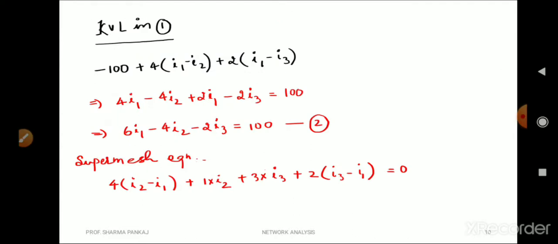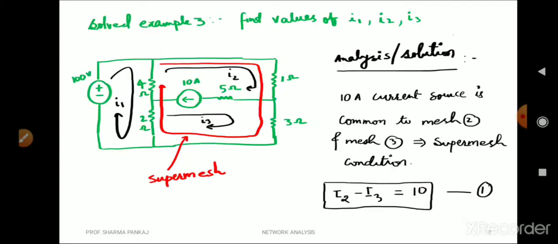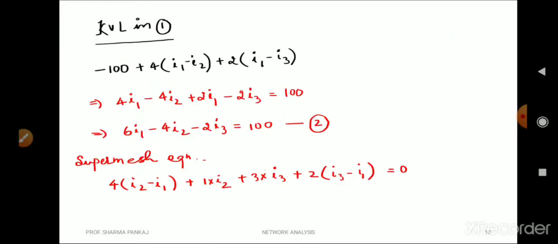Now writing KVL in mesh number 1, or loop number 1. This is minus 100V plus 4 into I1 minus I2 plus twice I1 minus I3 is equal to 0.